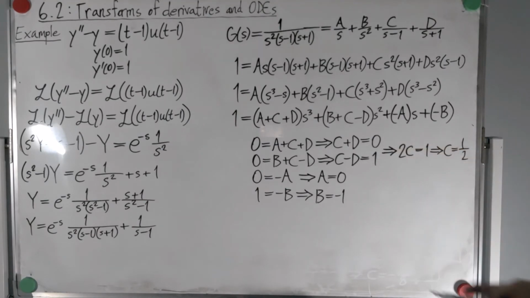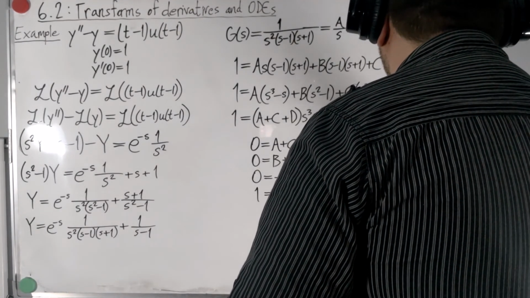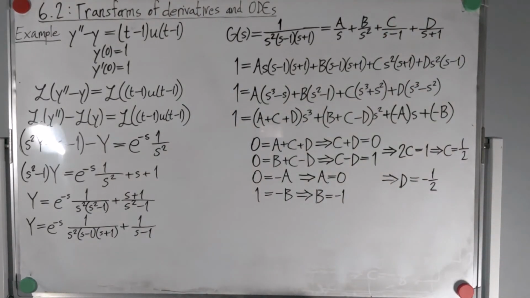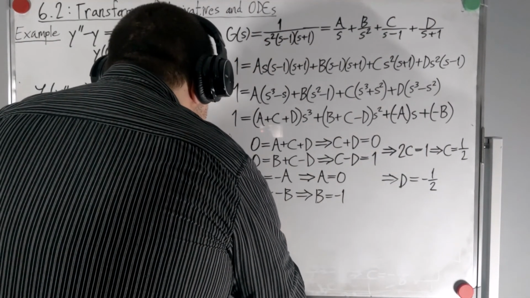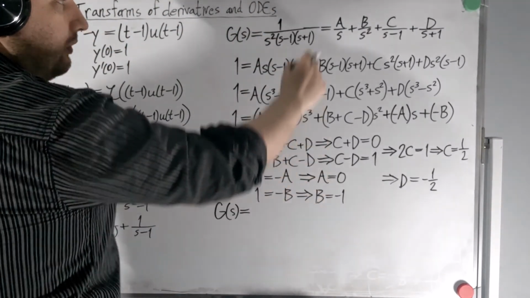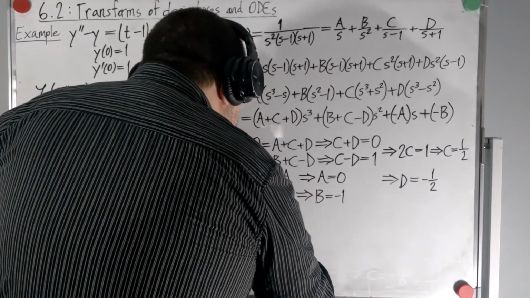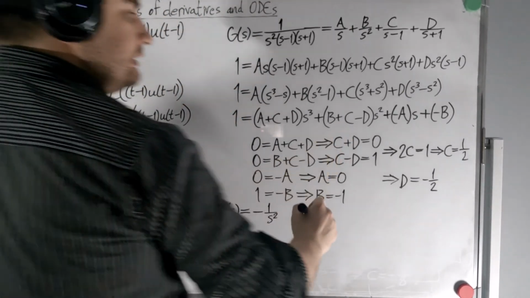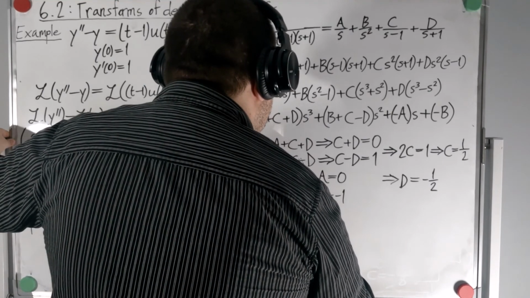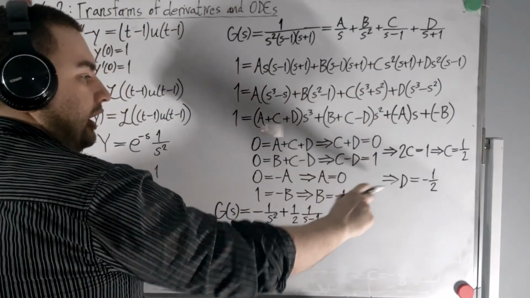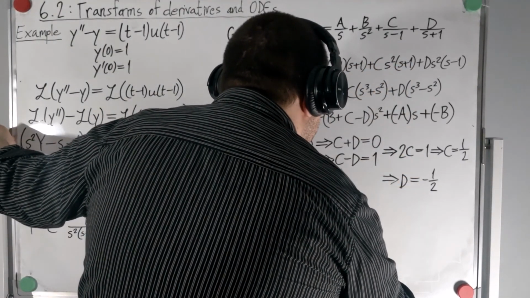And then C plus D has to be 0, so that means that D is -1/2. So our capital G of s can be written as 0 over s, minus 1 over s squared, plus 1/2 of 1 over (s minus 1), minus 1/2 of 1 over (s plus 1).